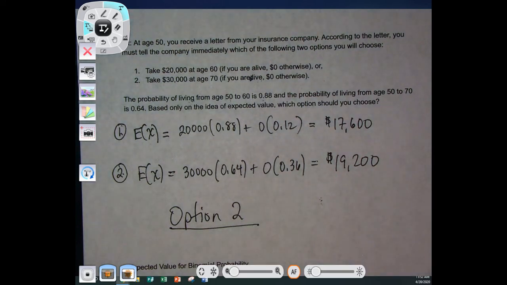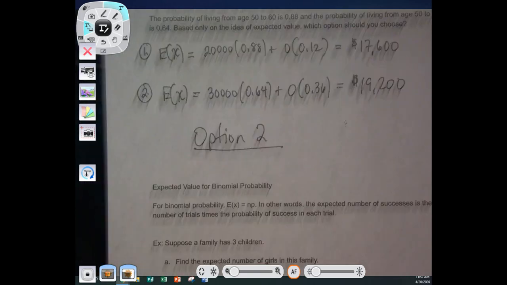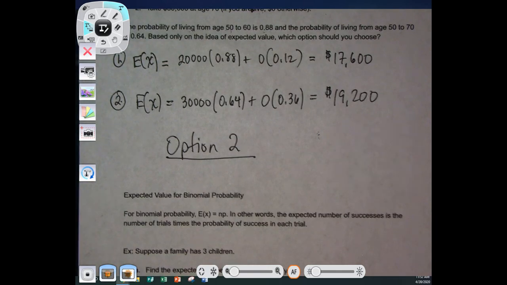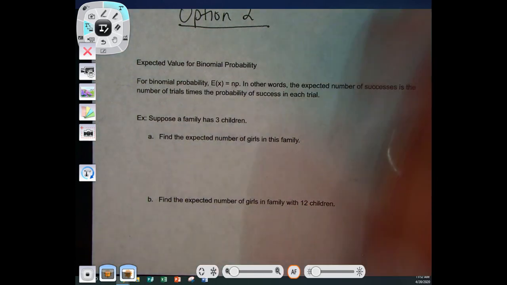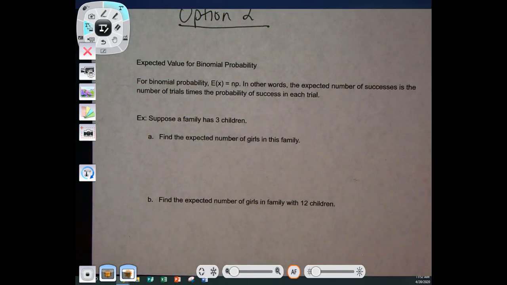All right. So last but not least, if you're given a binomial probability, well, the expected value here is going to be the number of successes times the probability of success in each trial. Okay.